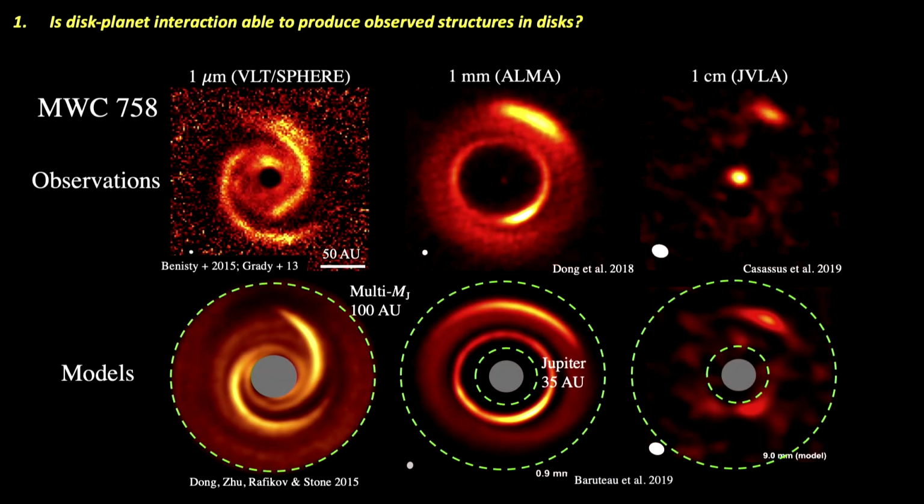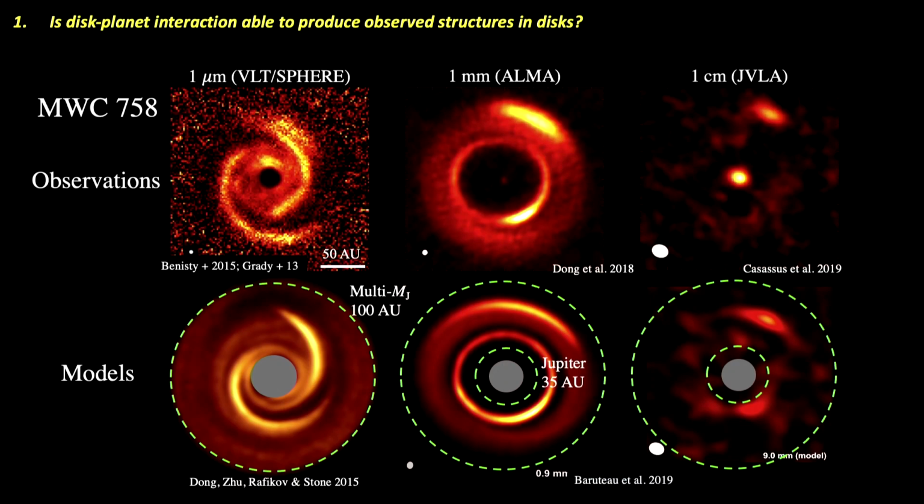So at the bottom, we have 3 synthetic observations of this planet interaction model. They represent how we think planet-induced structures will look in observations. So in the first model, we can see a multi-Jupiter mass planet on the outside can drive a pair of grand design arms inside its orbit in scattered light, similar to the observation.